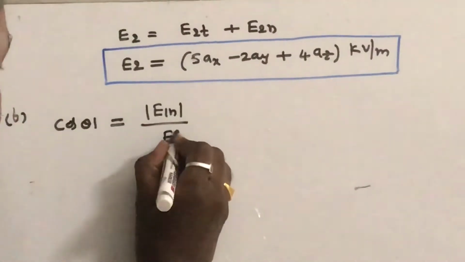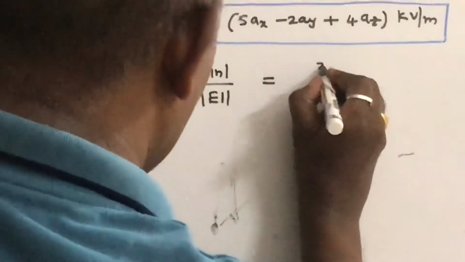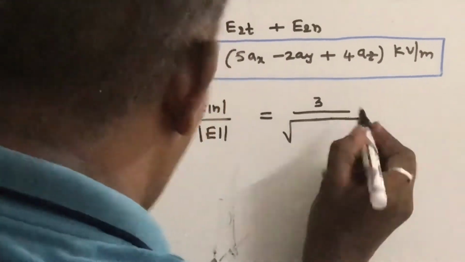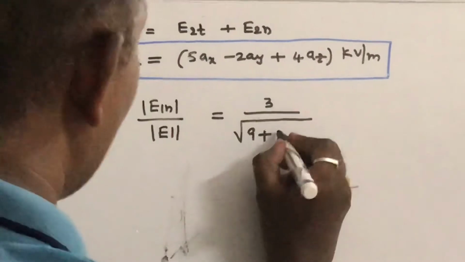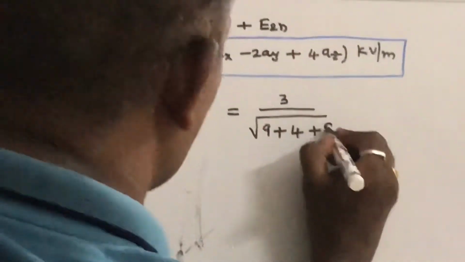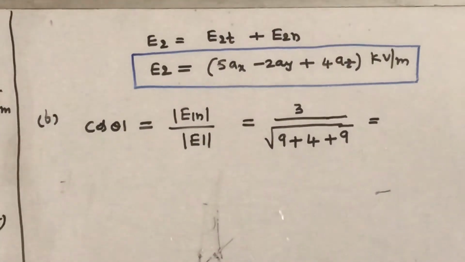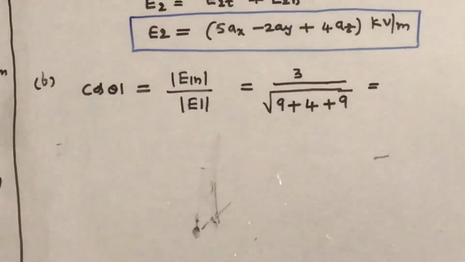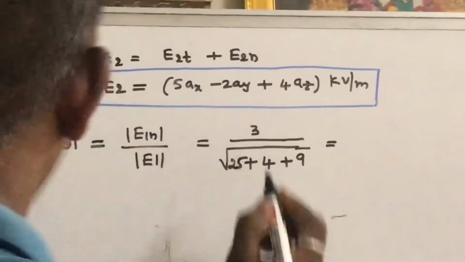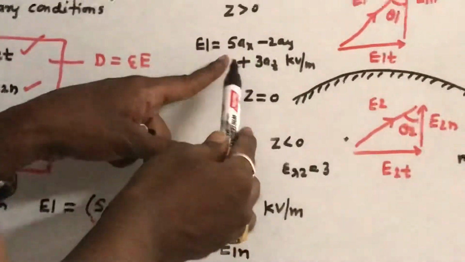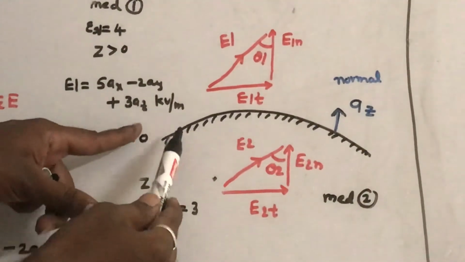That is the magnitude of E1n by the magnitude of E1. What is E1n? E1n is 3az, so the magnitude is 3. What is the E1 magnitude? It is the square root of 5 squared, 25, plus minus 2 squared, 4, plus 3 squared, 9.